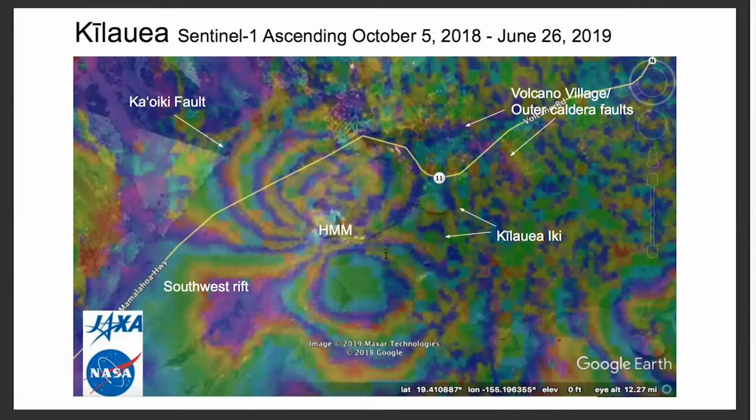Maybe the Southwest Rift actually drained a little bit after the eruption as well, because the Southwest Rift was pressurized prior to the eruption. There were a lot of earthquakes occurring further southwest of here, kind of at the end of the Southwest Rift. So before the eruption, we were wondering where the next thing was going to happen, and the Southwest Rift was definitely a possibility we were thinking of.